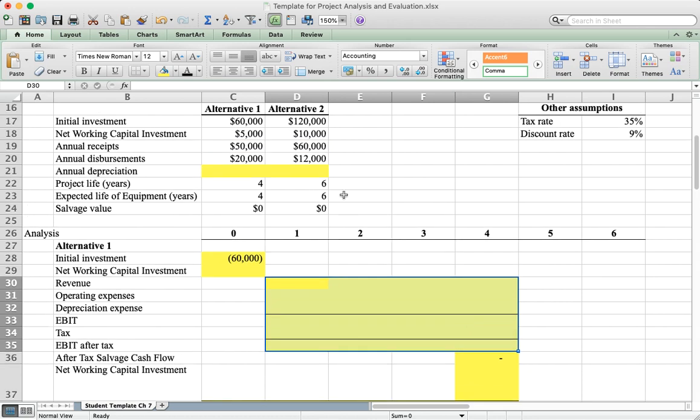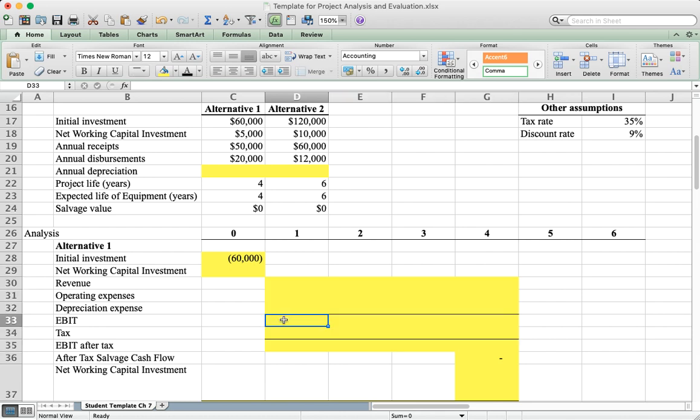You'll notice that annual receipts is another term here for revenues. Annual disbursements, those are operating expenses. So you want to make sure that you make those negative as well. You can keep them positive as long as your EBIT formula subtracts them.